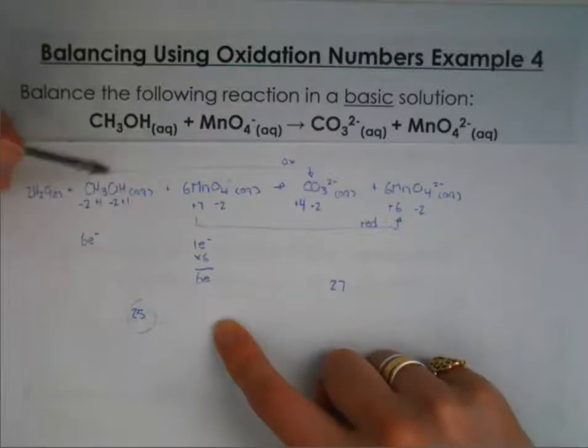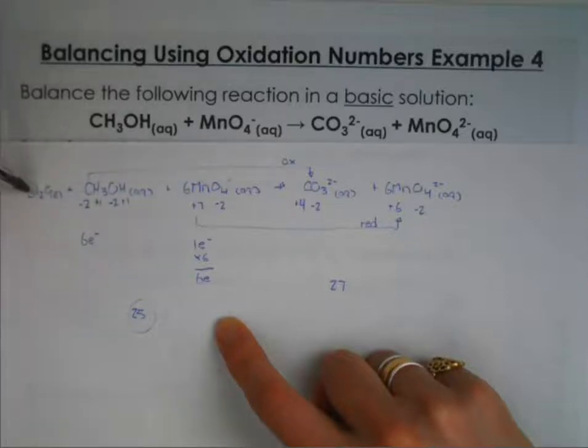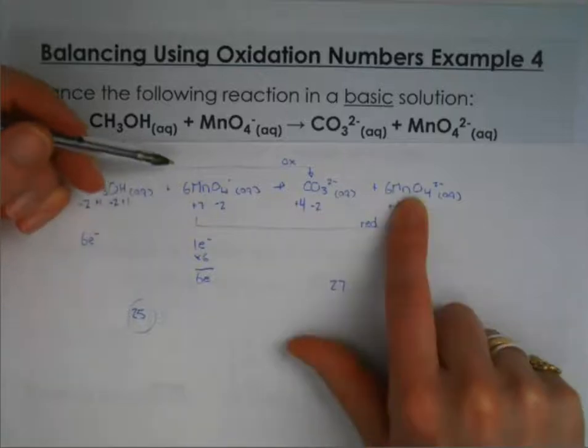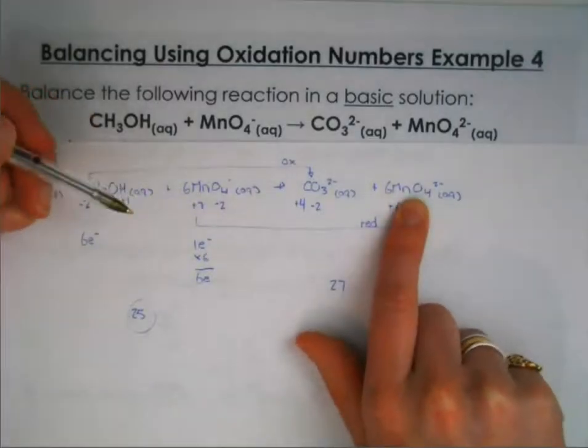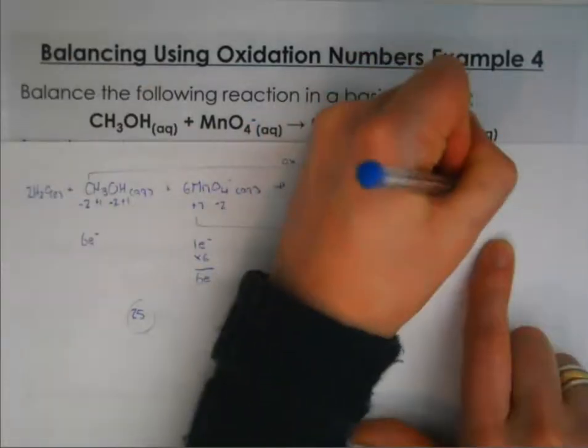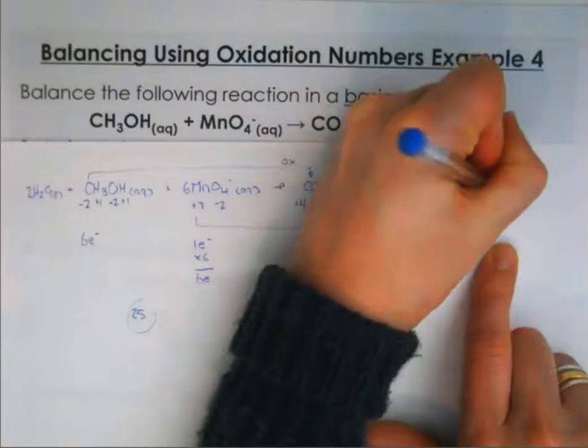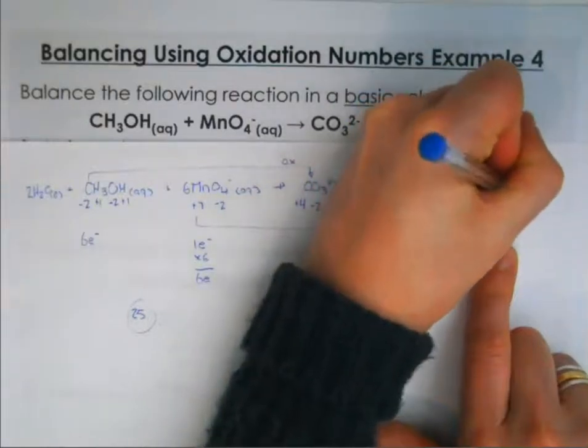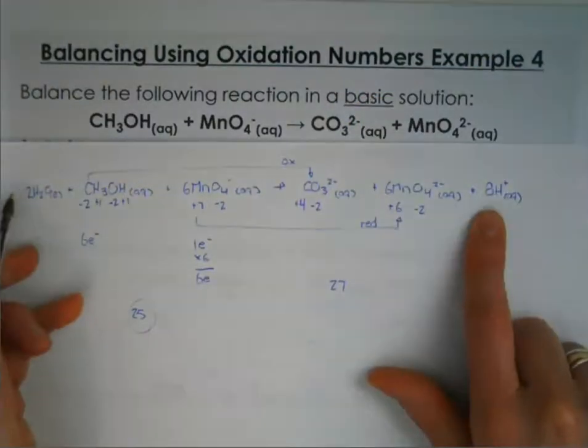Now let's check our hydrogens. So we have 4 hydrogens in our methanol. 4 plus 4 is 8. So we have a total of 8 hydrogens on this side, none at all on this side. So that means we need to add in 8 H plus ions to the other side.